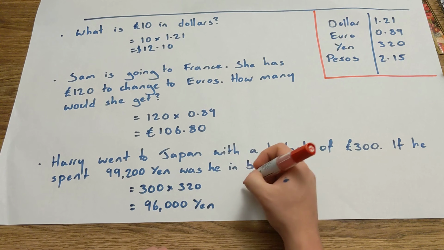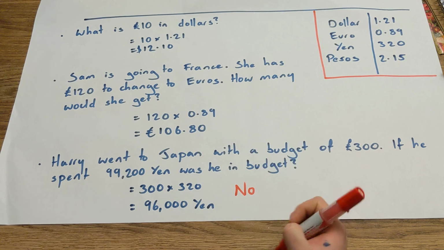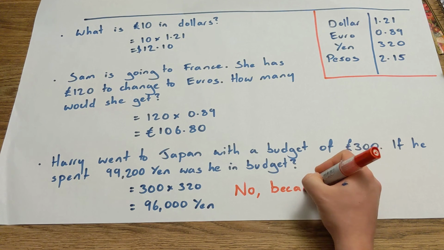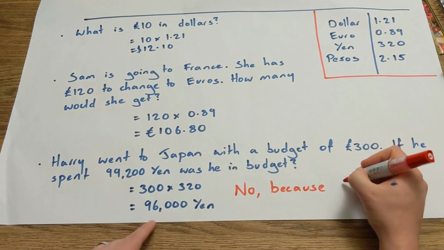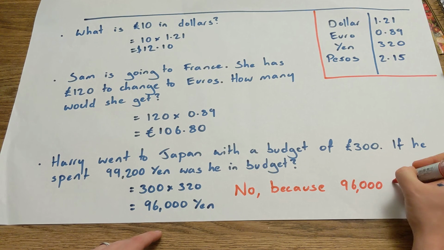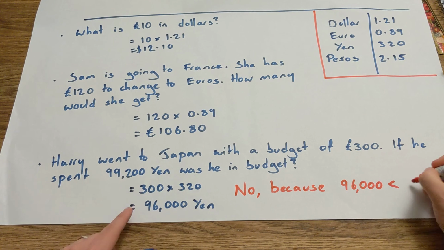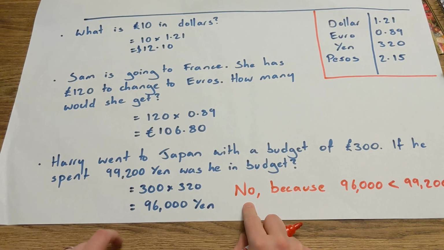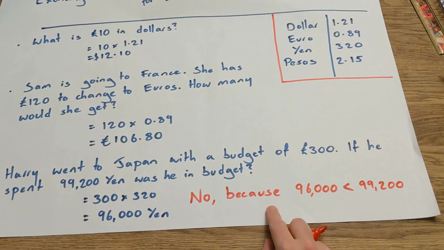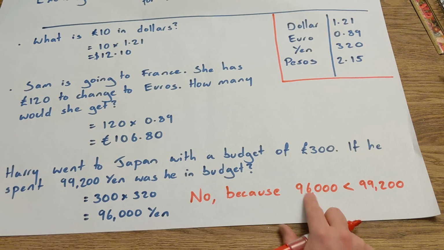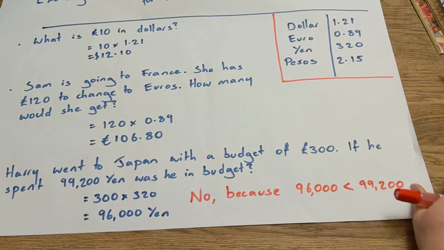Okay, so we say no, he wasn't in budget because 96,000 is less than 99,200. Okay, so no, he wasn't in budget because his budget was less than how much he spent.